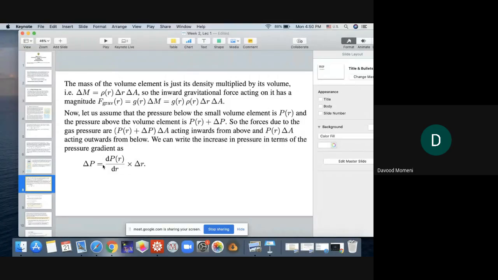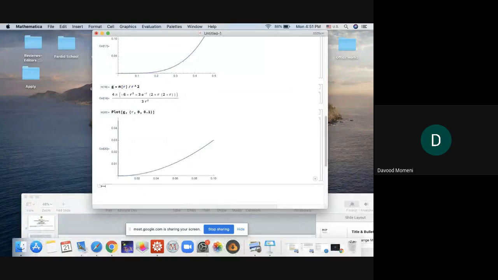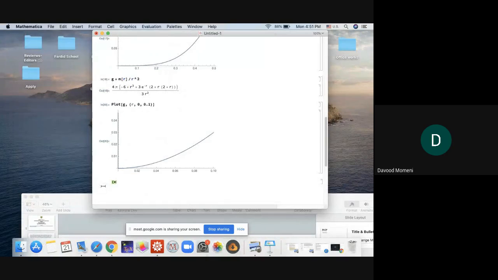Do you remember, this is like f prime of x, which is just df/dx multiplied by delta x.